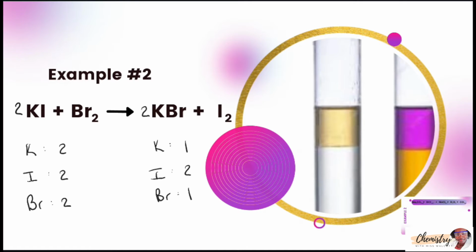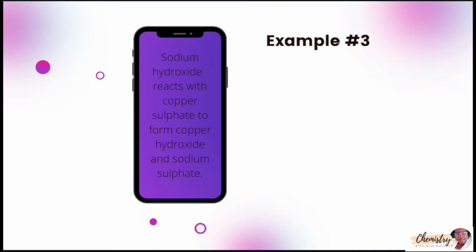So now on the product side, we have 2 atoms of potassium and 2 atoms of bromine. And since we have equal numbers of all atoms on either side of the arrow, this equation is now balanced. For our final example, we want to tie in another concept, so let's practice how to write these formulas.